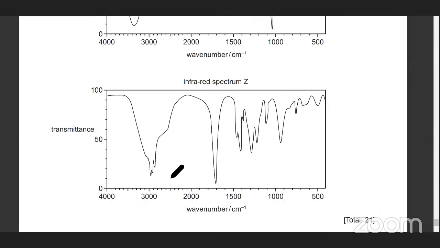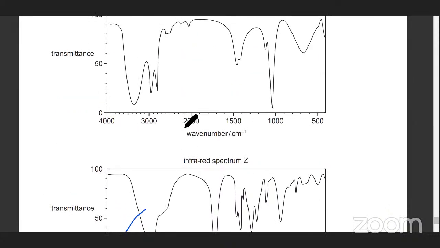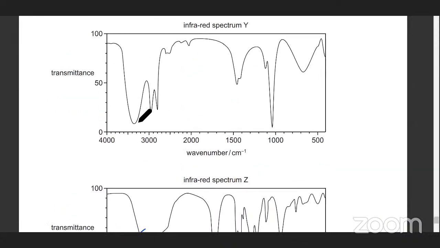So this one kind of looks like a carboxylic acid, because it's a strong and broad absorption. This one is further away than 3000. So this is probably just an alcohol.